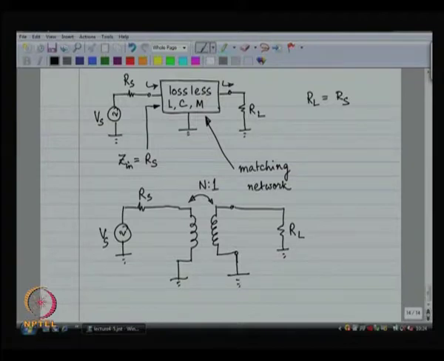What is the input impedance that I see looking into the primary? How do you figure this out?